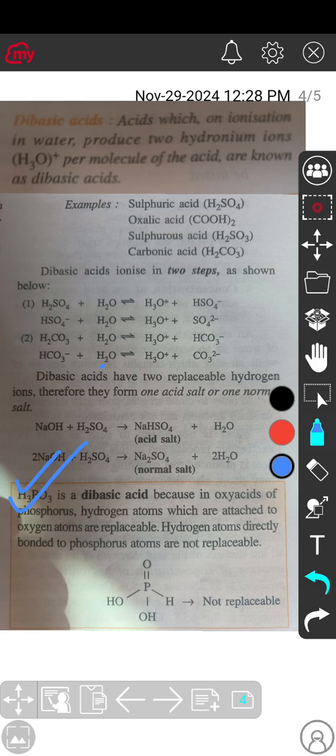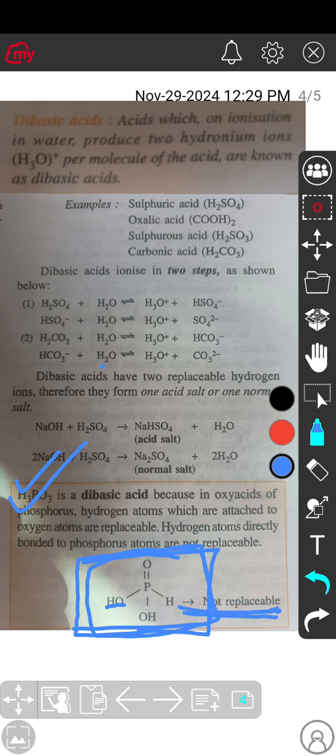In the oxy acids of phosphorus, the hydrogen atoms attached to oxygen will be replaced, but the hydrogen atom bonded only to the phosphorus will not be replaced. See, it is written.